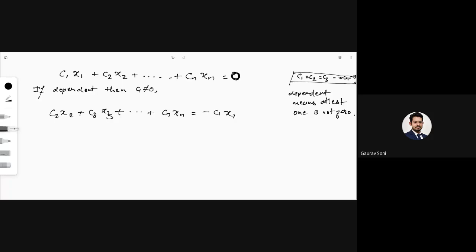So x1 will be equal to, since C1 is not equal to 0, I can divide the other side by C1, and what I will get is minus C2 upon C1 x2 plus minus C3 upon C1 x3 plus up to minus Cn upon C1 xn. What has happened?